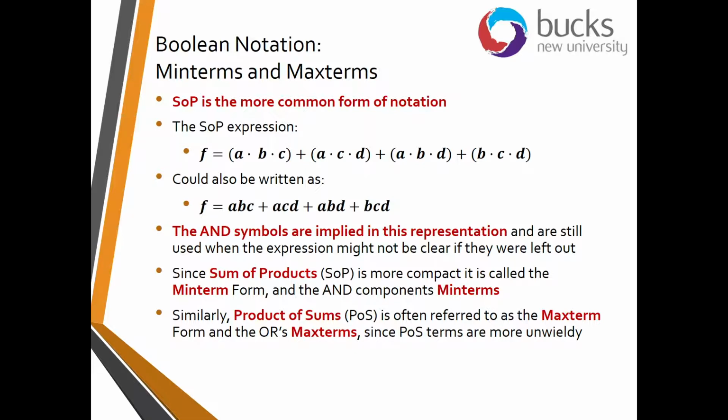Similarly, product of sums is often referred to as the max term form and the ors are max terms, since the product of sums terms are essentially more unwieldy, so they look longer in the expression, and there's normally more of them. So that's the way round that we describe it. So sum of products would be min terms, product of sums would be max terms.